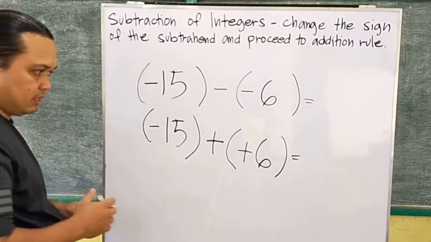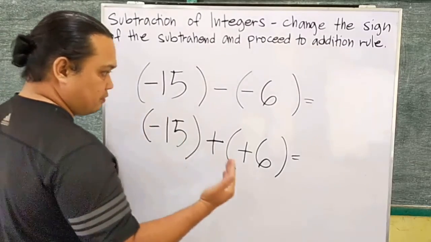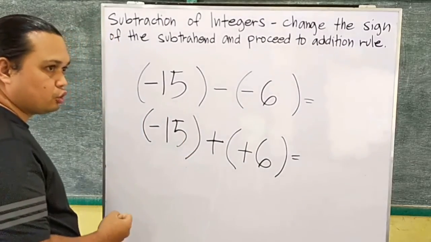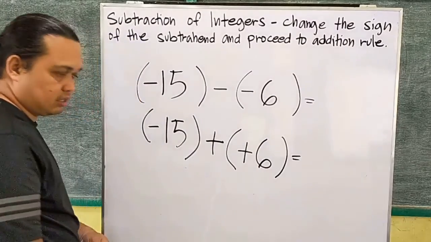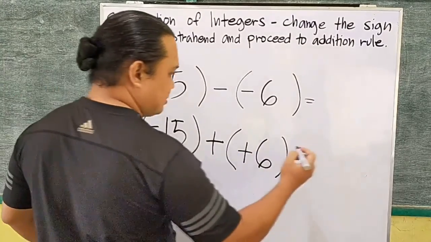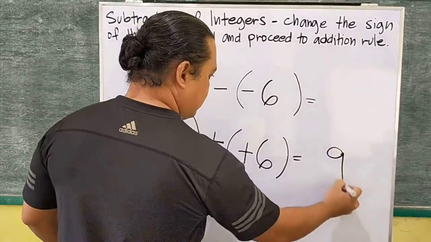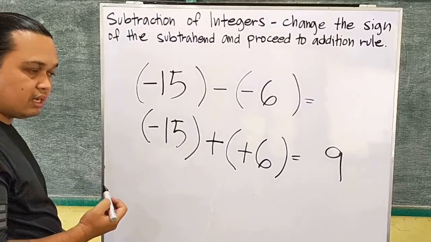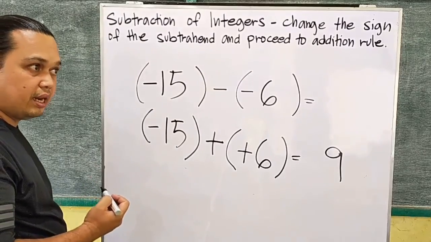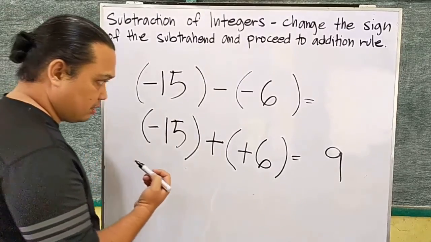So let's subtract the smaller number from the bigger number. Our solution will be 15 minus 6, and that would be 9. So we have 9 for our number. And copy the sign of the number that has the greater value.